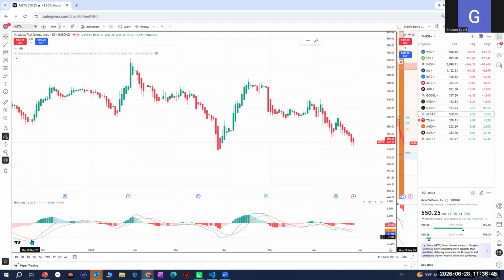In other words, the stock is going up. And these bars, the histogram, tell you the difference between the faster and the slower moving averages. When it is zero, the PPO line is at zero. When it is greater than zero, it means it is increasing at a rapid rate.